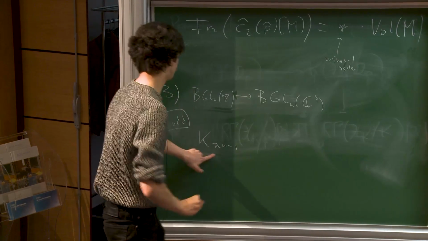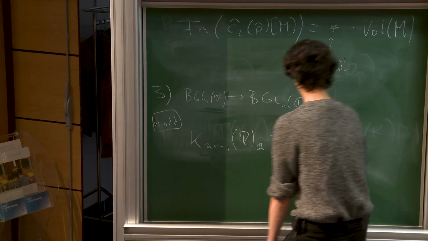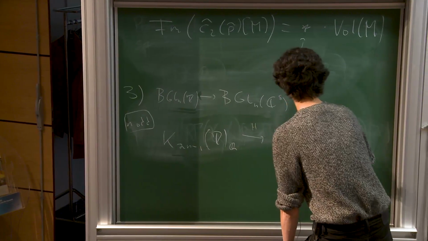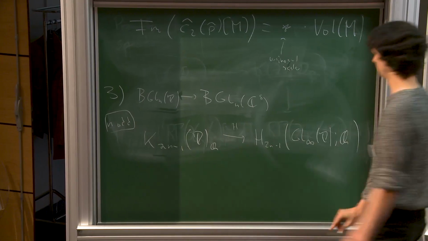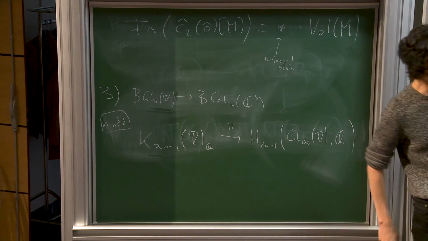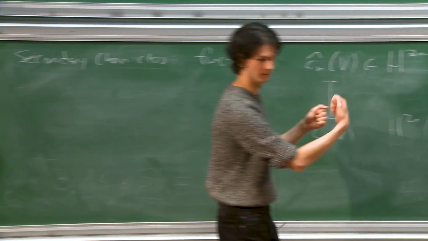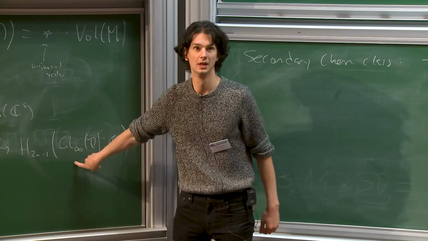I look at K_{2n-1} of Z rationalized by some Hurewicz. That maps to homology in degree 2n-1 of the infinite general linear group over the integers with rational coefficients. Just like the usual Chern classes, these refined Chern classes don't change when you direct sum a trivial bundle. So they all come from this thing.